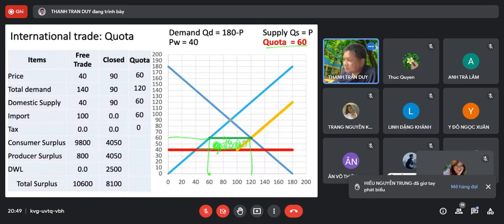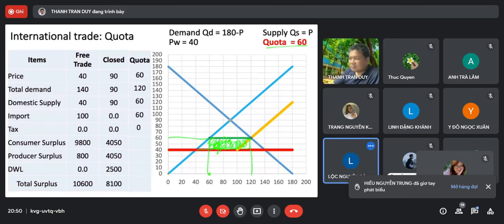Nobody knows? Who gets this area? Yes? Who gets it? You and Lộc. Who takes this one?